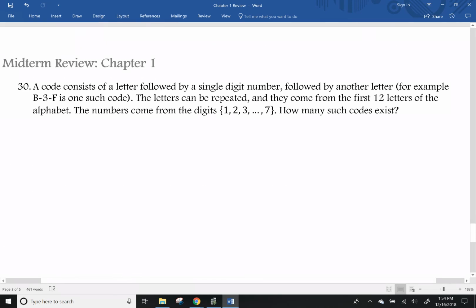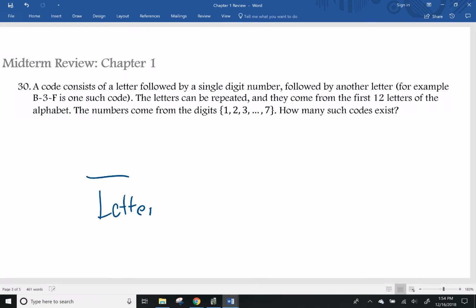And last one: a code consists of a letter followed by a single-digit number followed by another letter. So a letter, a number, and then a letter is our code.